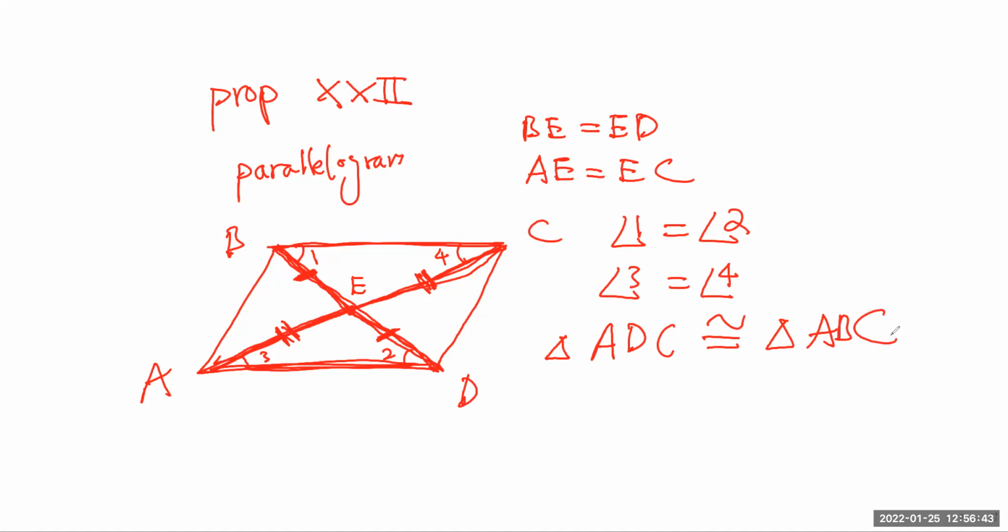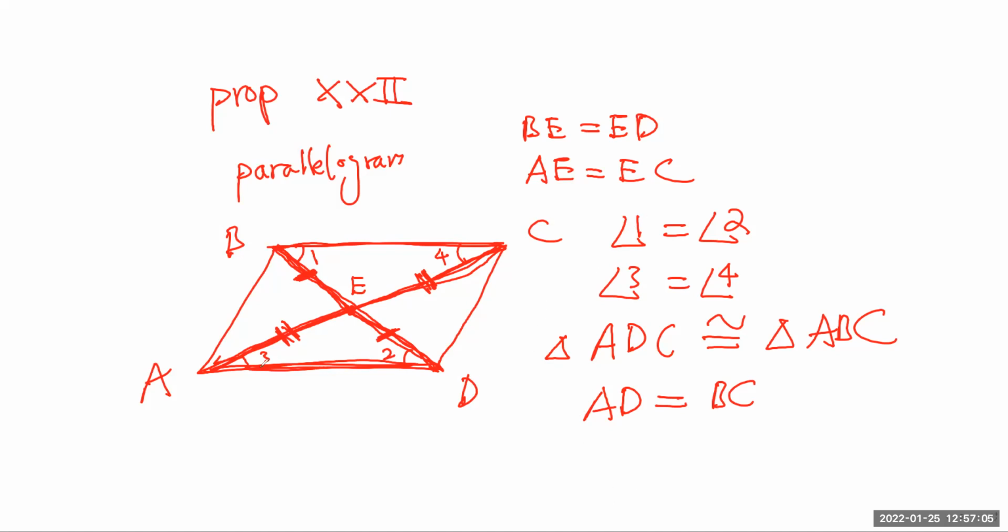Yep. We just proved that, which means AD has to be congruent to BC. Yes. That's a property of congruent triangles, that the sides have to be the same length, or we say congruent.